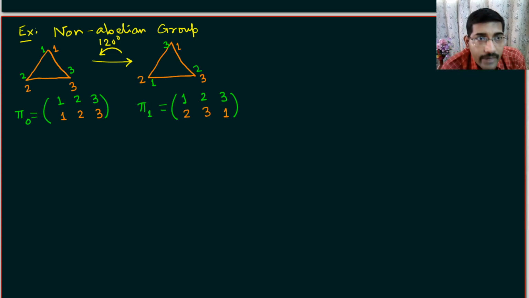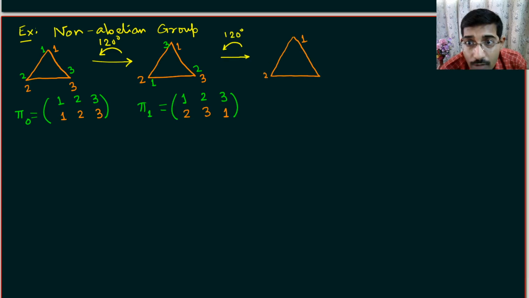Again, if I give another rotation, let's say a rotation of 120 degrees to the left side. So this is again a rotation of 120 degrees. When I give this rotation, my new triangle that I form, again this is my position 1, this is my position 2, 3. So you can easily figure out that this will be 2, this will be 3 and this will be 1.